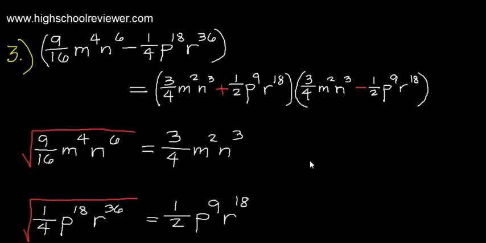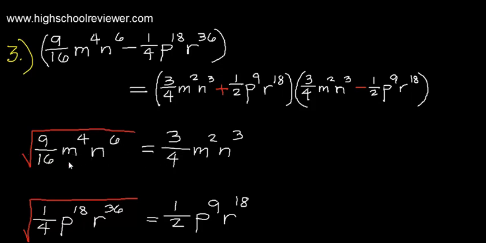For number 3, we have 9 over 16 m raised to 4 n raised to 6 minus 1 over 4 p raised to 18 r raised to 36. Okay, 9 over 16 is a perfect square. 1 over 4 is also a perfect square. And then we get the square root of 9 over 16 m raised to 4 n raised to 6.